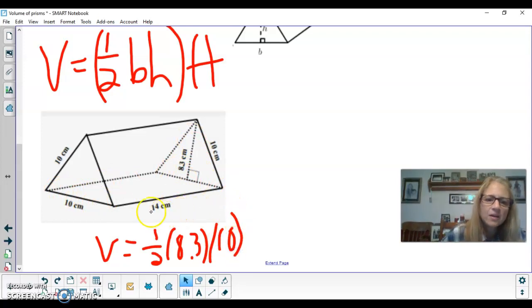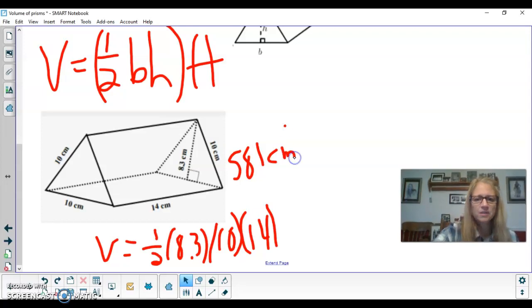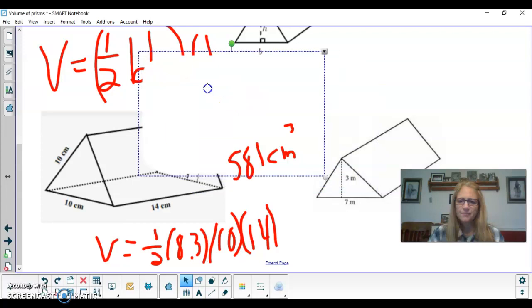And then the height of the whole thing, even though it's on its side, remember, these are our bases. So the height of the whole thing, if we would stand it up, is 14. And then you just plug that in your calculator and you would get 581. And then what would it be? Centimeters cubed.